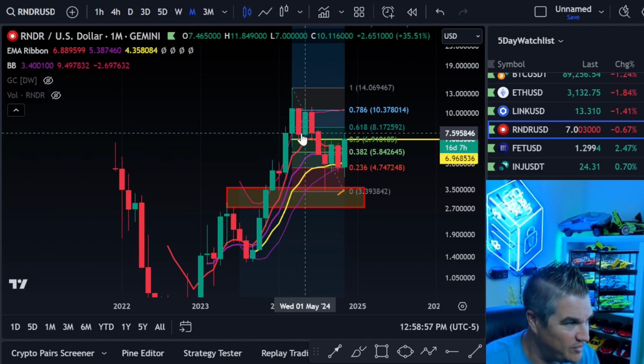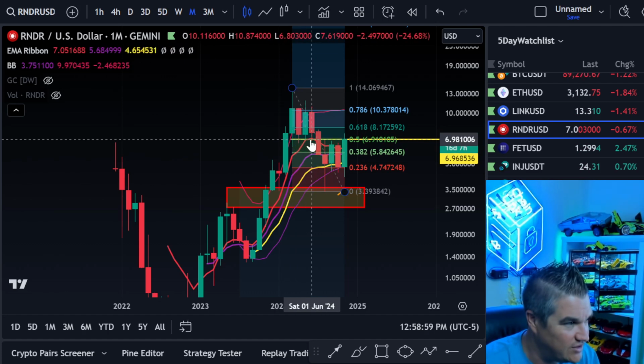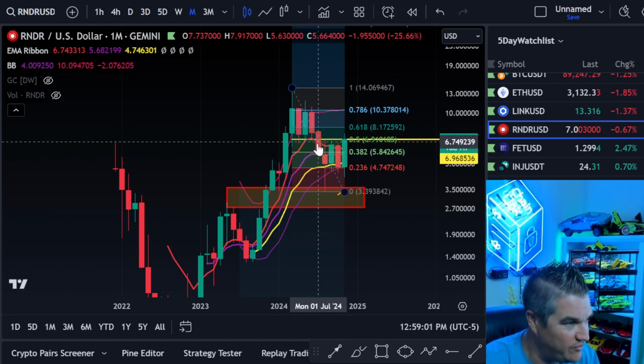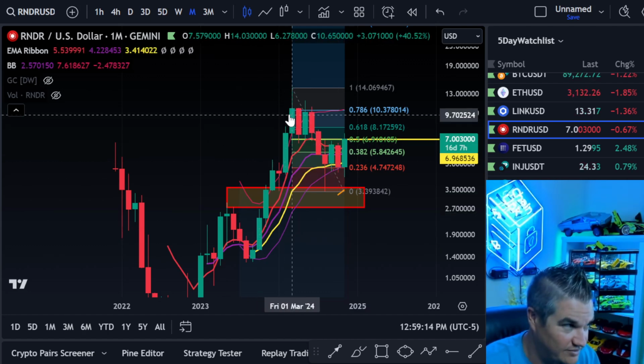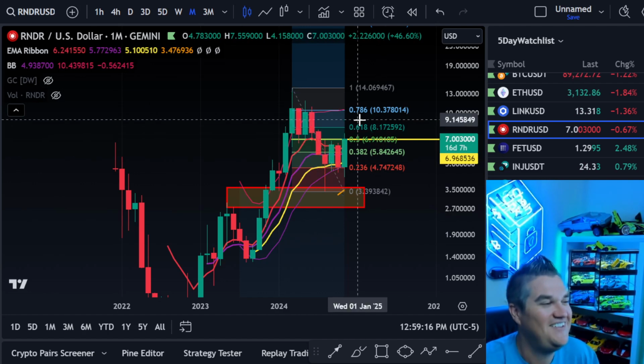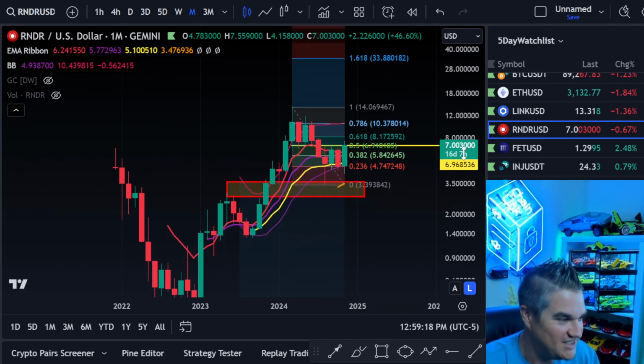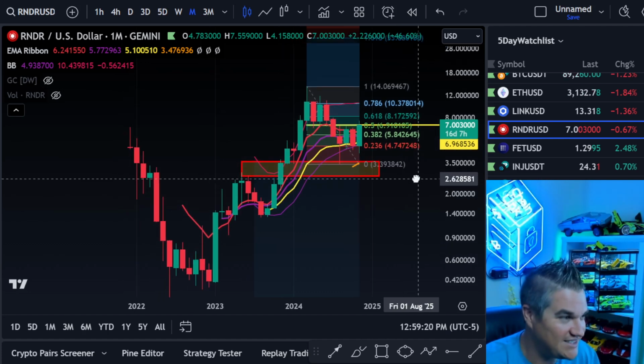Now lifting back up. Look at the previous low support broken right here in July. Flip to resistance August, September, October. Fast forward to November. Render could be on the verge of another. All right, so a lot of bullish things happening for Render, right?